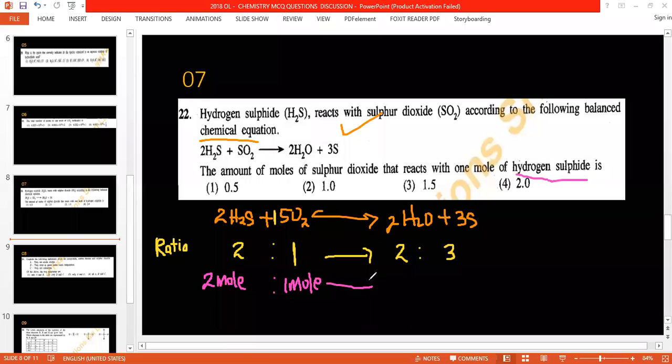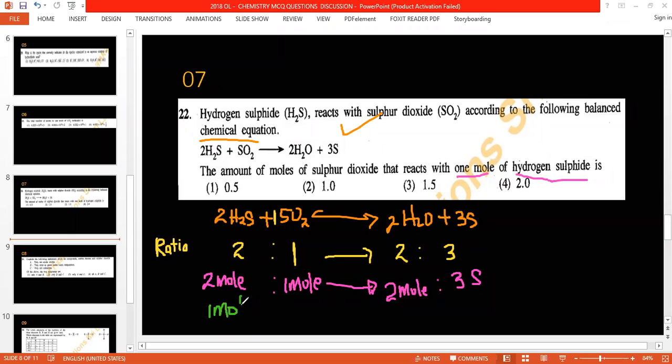At that moment, 2 moles of H2O will be produced. And at that moment, 3 sulfur will be produced. So they have asked 1 mole. If it's 2 moles of H2S, it should be 1 mole. So then, if this is 1 mole, 0.5.